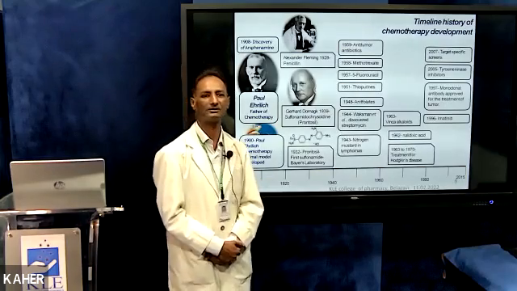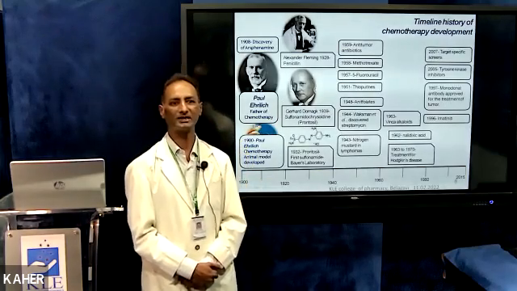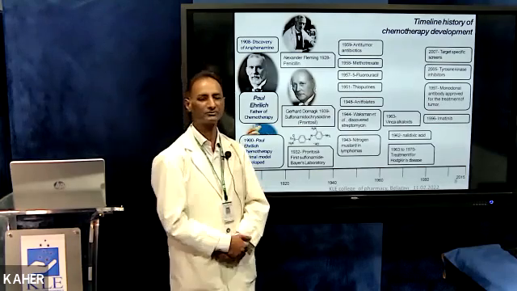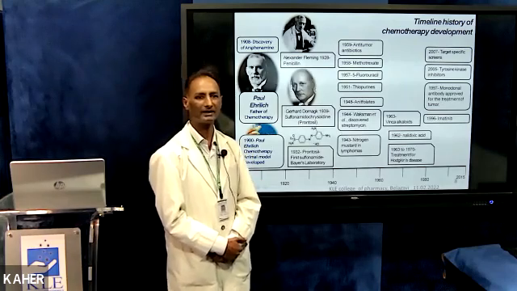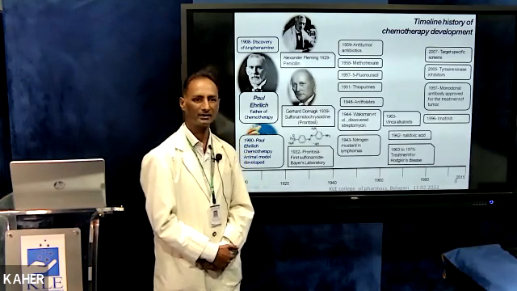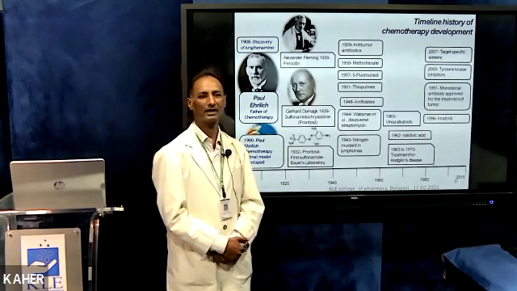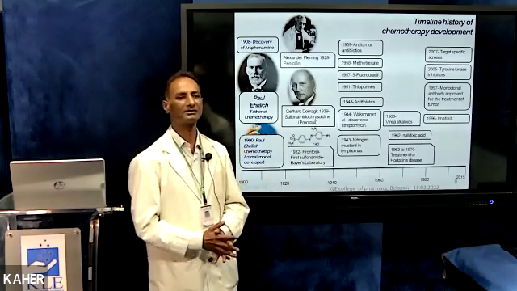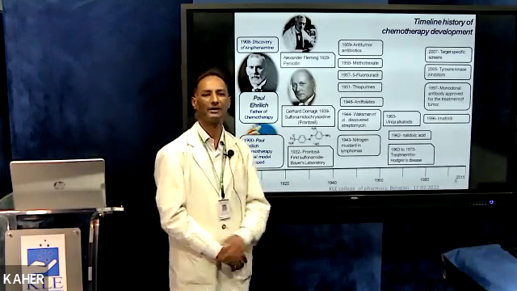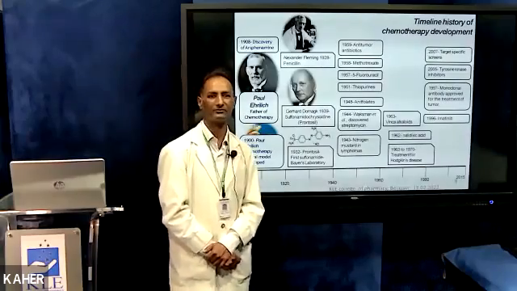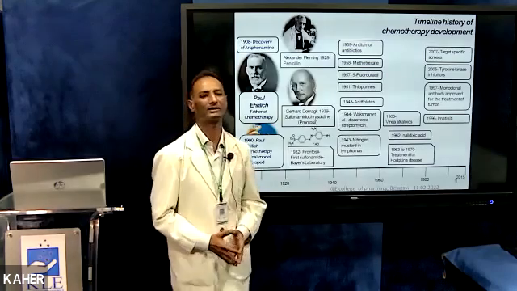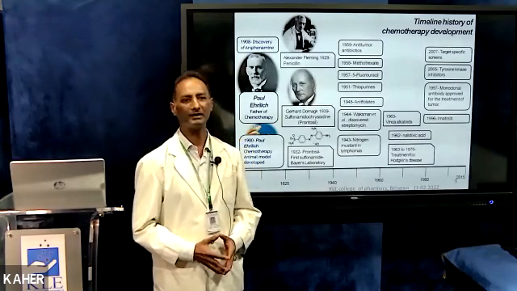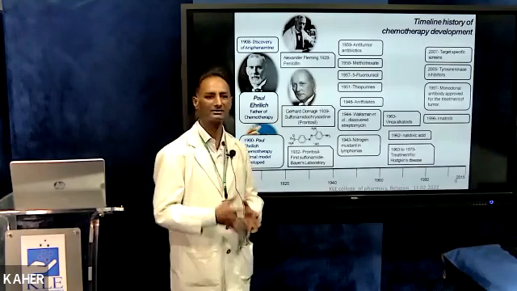In 1951 thiopurines, in 1957 5-fluorouracil, which can be used for cancers, in 1958 methotrexate, and in 1959 anti-tumor antibiotics. The period 1950 to 60 is said to be the golden era for antimicrobial agents, and in 1953 Vinca alkaloids. All these drugs were meant for anti-neoplastic or anti-cancer actions.